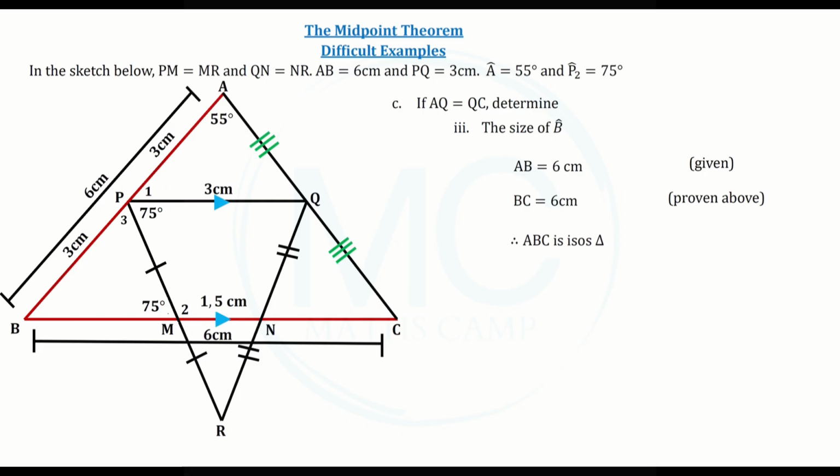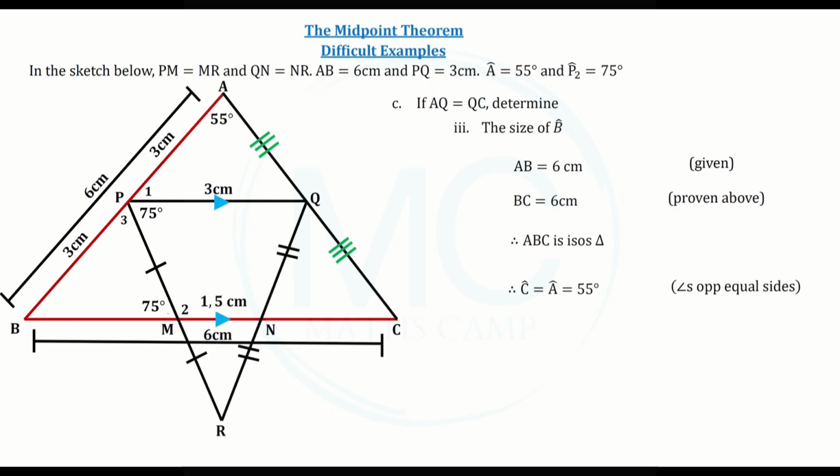It has 2 equal sides, which means it has 2 equal angles. Angle A is 55 degrees, which means that angle C is also 55 degrees. We can say angle C is equal to angle A, and these are both equal to 55 degrees. And as our reason, they are the angles that lie opposite the equal sides.